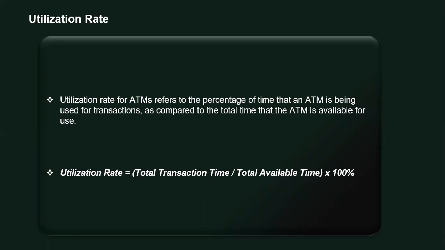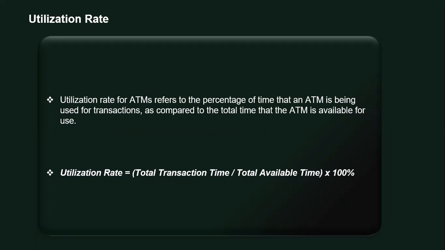So in our case, we have a column for duration, right? Of each transaction, we have a duration. So if we sum up the duration column, we'll have the total transaction time in minutes across the year. And for the available time, we'll assume that the ATMs are available 24 hours a day and 365 days a year.